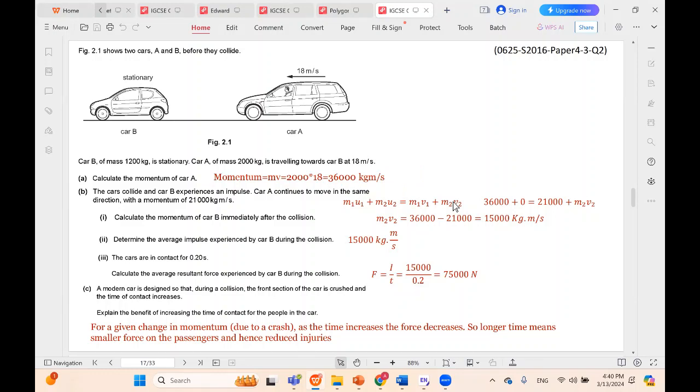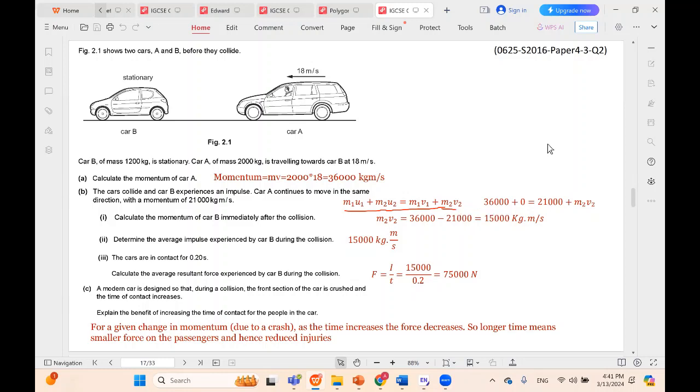In B, we are told the cars collide and car B experiences an impulse. Car A continues to move in the same direction with a momentum of 21,000. Calculate the momentum of car B immediately after the collision. We begin by writing down the momentum equation: m1u1 plus m2u2 equals m1v1 plus m2v2. The masses are given.